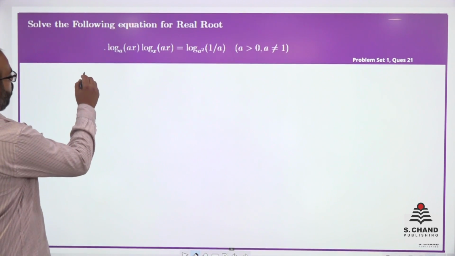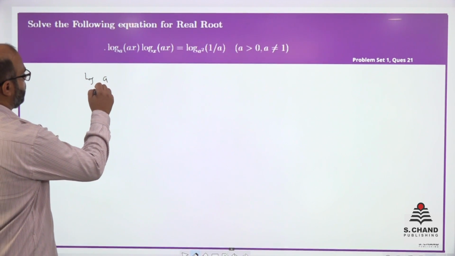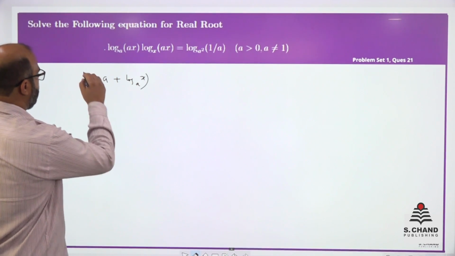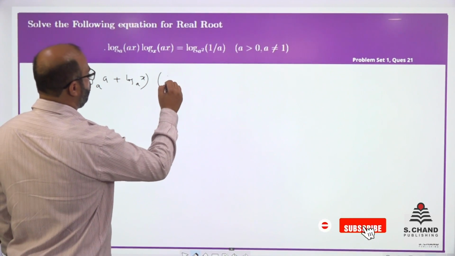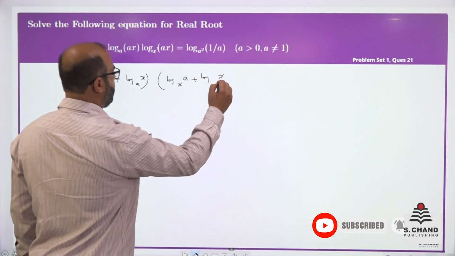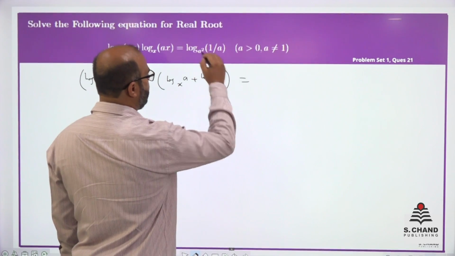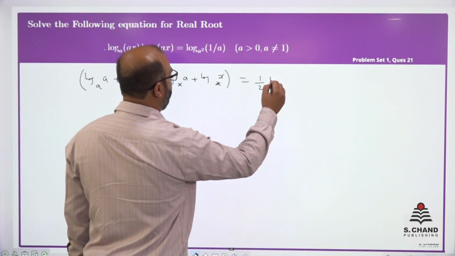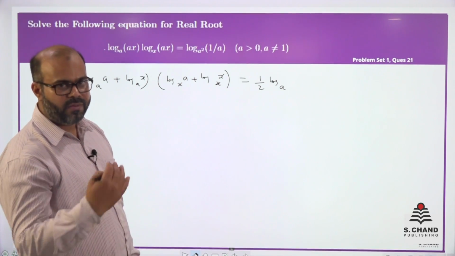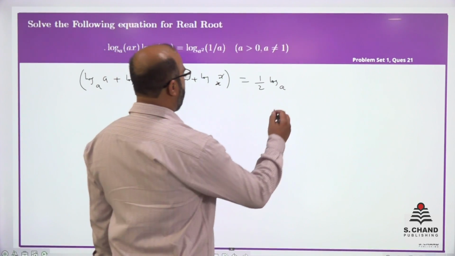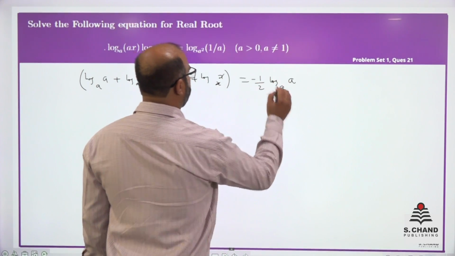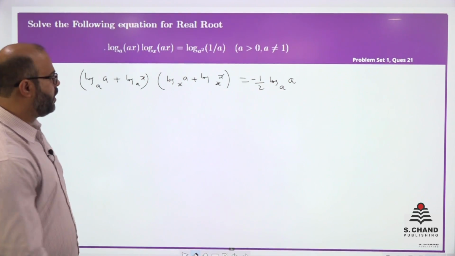So this will become log a to the base a plus log x to the base a, and this will become log a to the base x plus log x to the base x. On the right hand side, this will become 1 by 2 log to the base a, because a square is there, so its power will go into the denominator outside. 1 by a, that is a to the power minus 1, so minus will go into the multiplication.